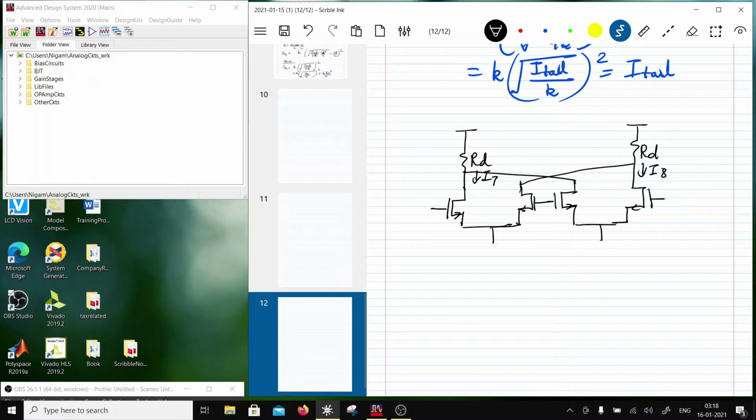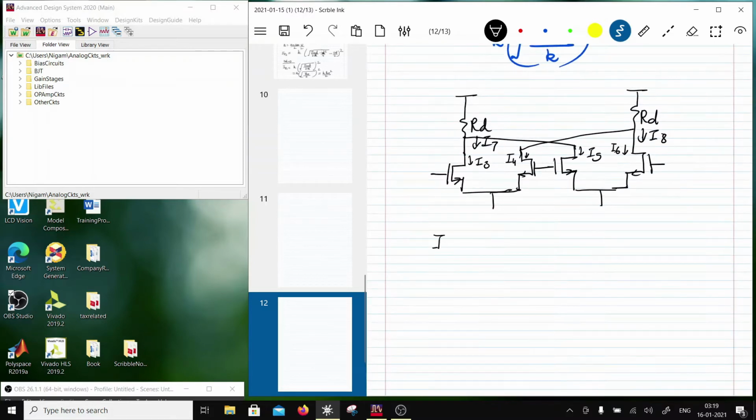If I assume that the currents in these translinear cells are I3, I4 and I5, I6, so this is I3 and this is I4, and then this is I5 and this is I6. So I can write I7 is equal to I3 plus I5, and I8 is equal to I6 plus I4, right?